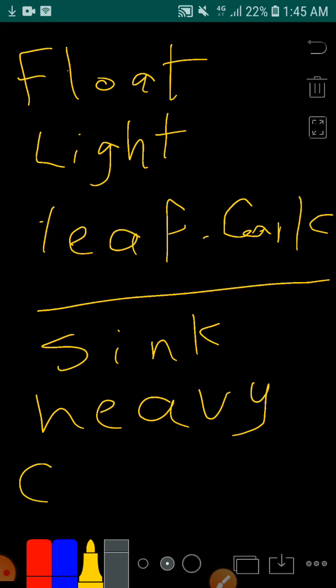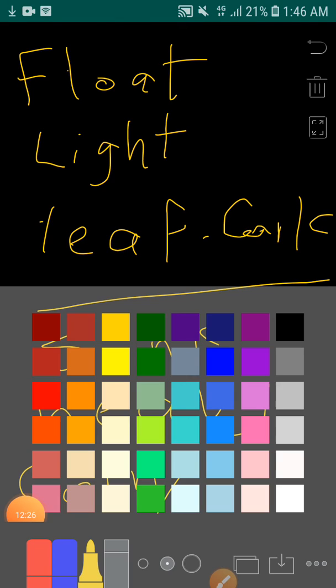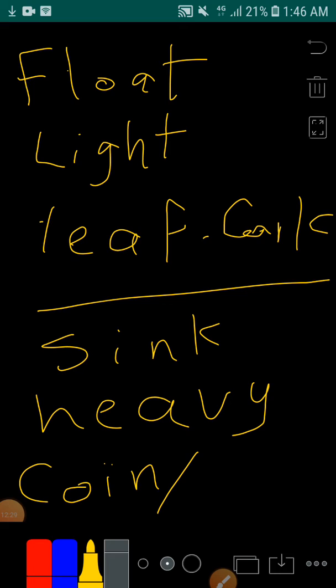We had examples: coin, stone. Float, light: leaf, cork. Sink, heavy: coin, stone.